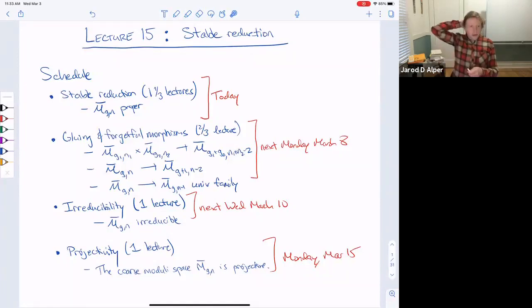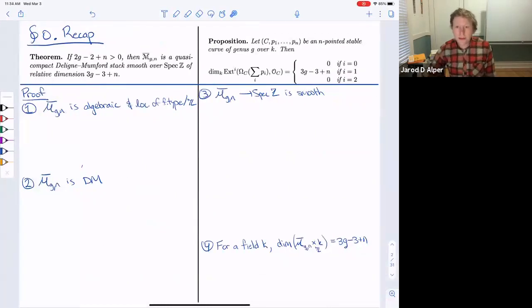Okay, I'm going to start as usual with a recap of where we are. To give us a summary of what we've shown, there is this theorem here, and I'd like to connect the dots and explain why we know all these things.